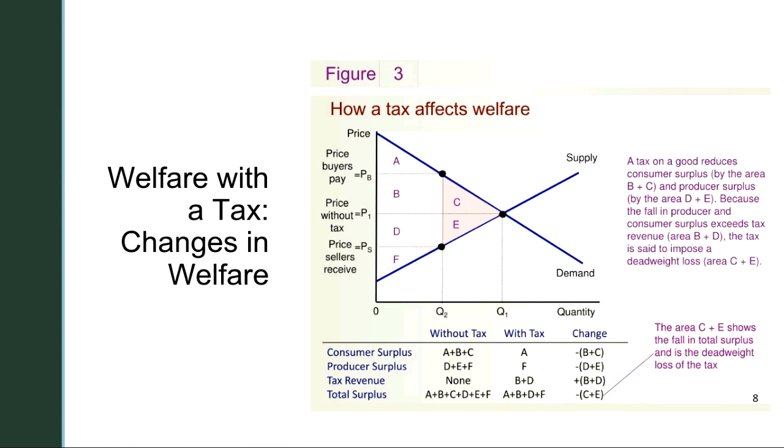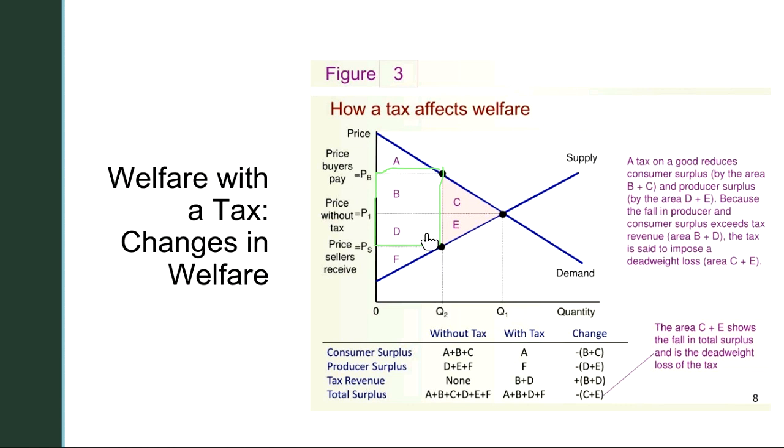And that tax revenue is the difference between the price that buyers pay and sellers receive, times the quantity of the amount of goods sold. And so the area in green, B and D, this is our tax revenue. And that's because that is the tax itself times the quantity of units sold.